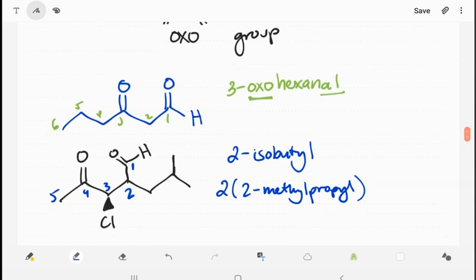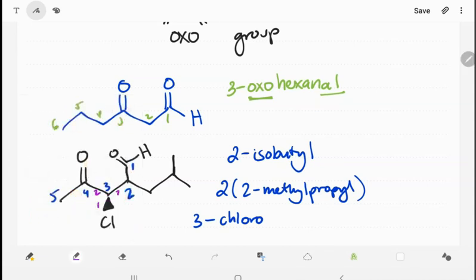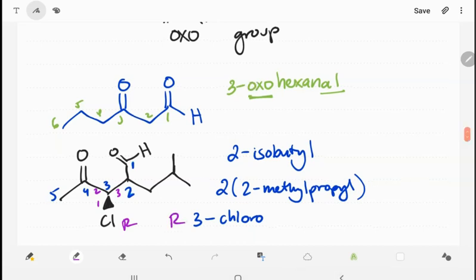Carbon 3, we've got a chlorine. That chlorine happens to be in which configuration? Let's see, chlorine will be priority 1. Then, let's see, this will be priority 1, priority 2, priority 3. So this is an R for our stereochem, don't forget. So we'll just keep track of that.